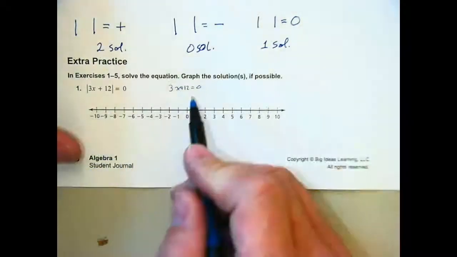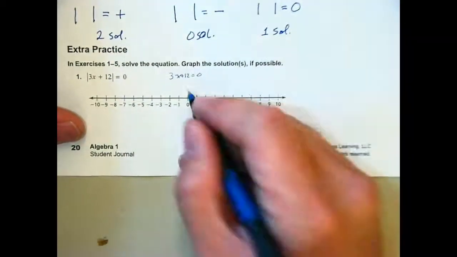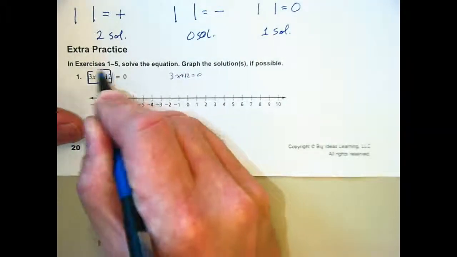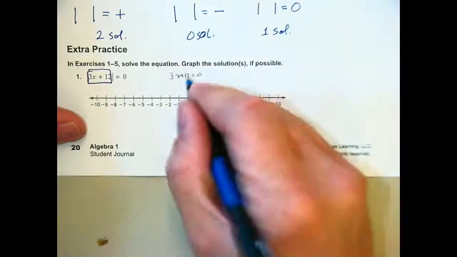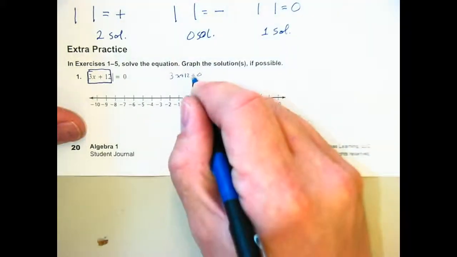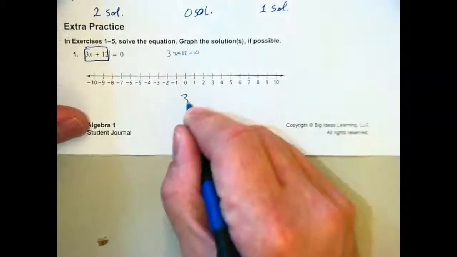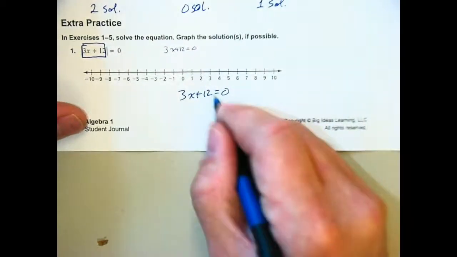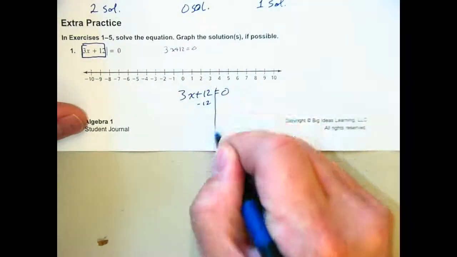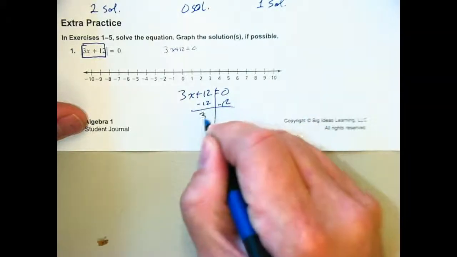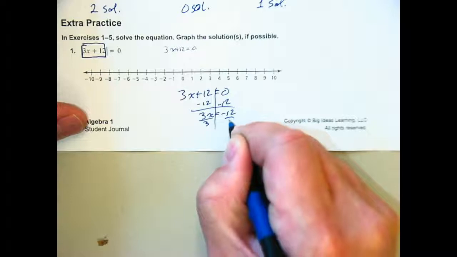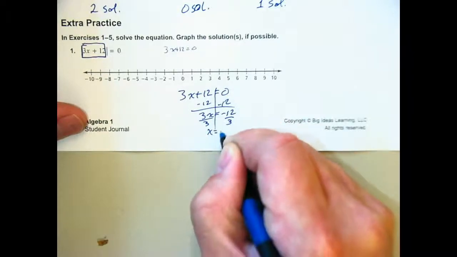Okay? So on this one, if I'm going 3x plus 12 equals 0, because the inside of this has to equal that, we go through and solve. I'm going to do it down here so I have a little more room. I subtract my 12 on both sides. 3x equals negative 12 and divide by 3, so x is negative 4.